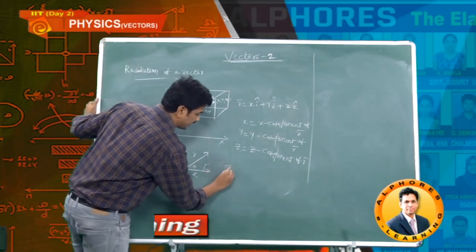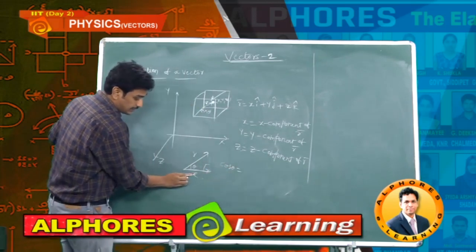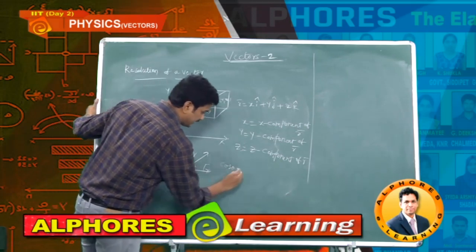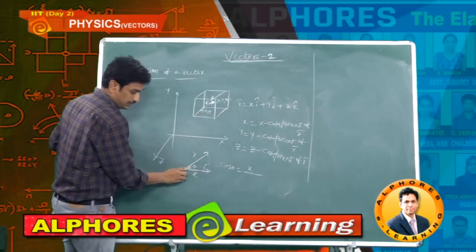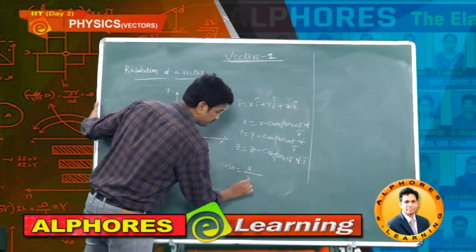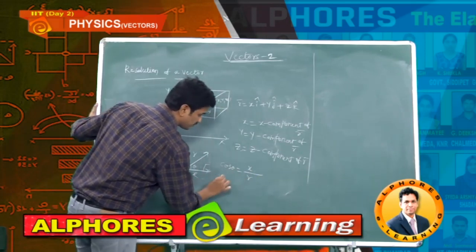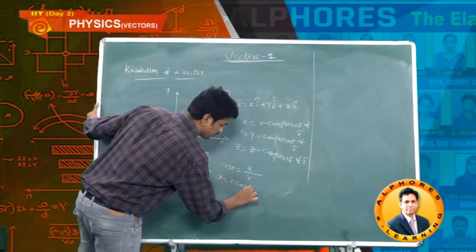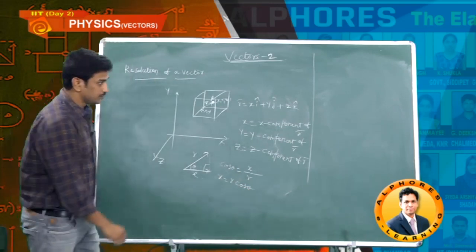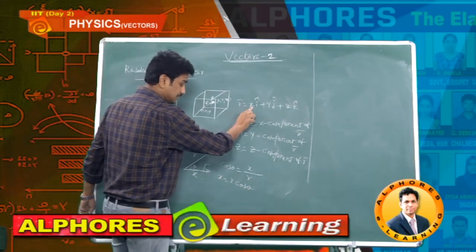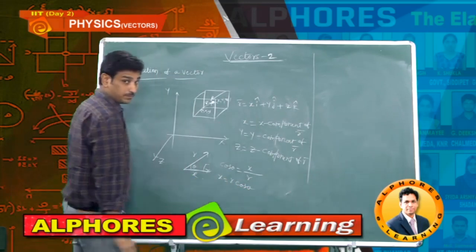Now what is cos theta? Adjacent side by hypotenuse. What is the adjacent side? X. Theta adjacent side x, hypotenuse R. Now what is x? X is equal to R cos theta. So x component is nothing but R cos theta.